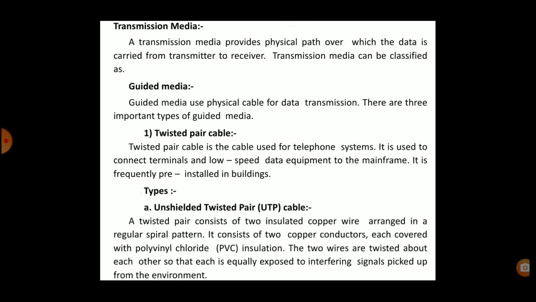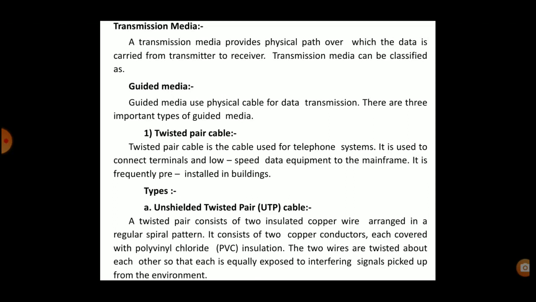Transmission media. A transmission medium provides the physical path by which data is carried from transmitter to receiver. Transmission media can be classified as guided media. Guided media use a physical cable for data transmission.